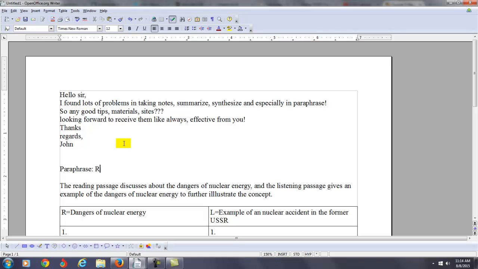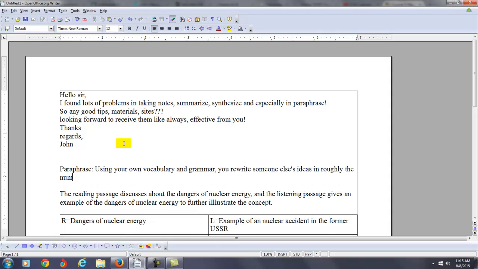So typically, you have to, I'm going to say, using your own vocabulary and grammar, you rewrite someone else's ideas in roughly the same number of words. That is pretty much the definition. You can't get any more basic than that.